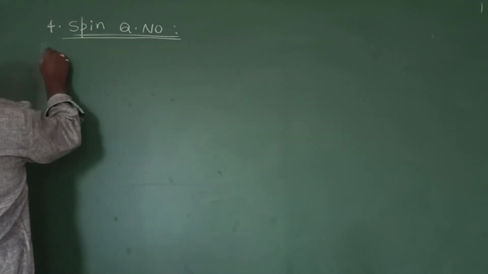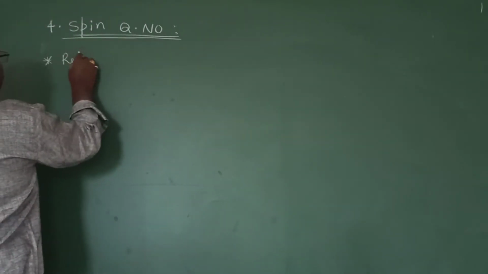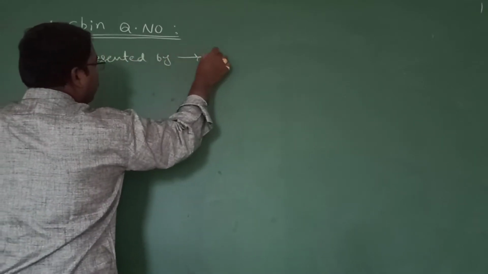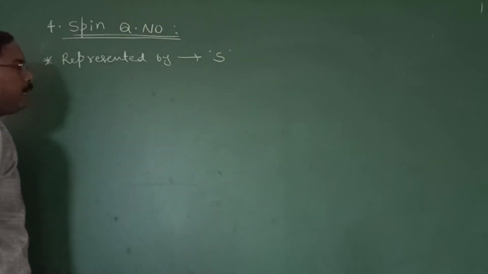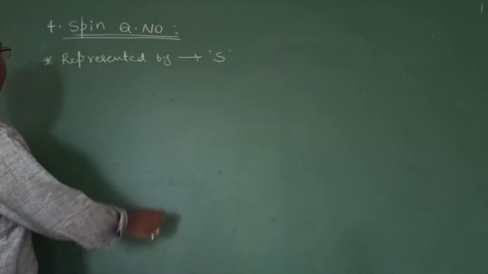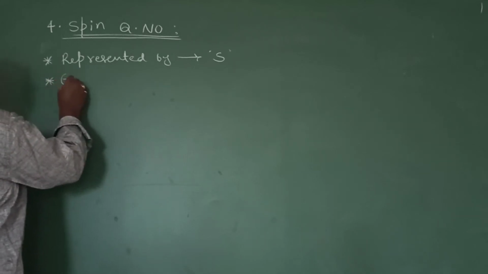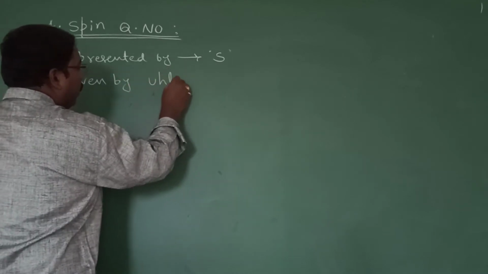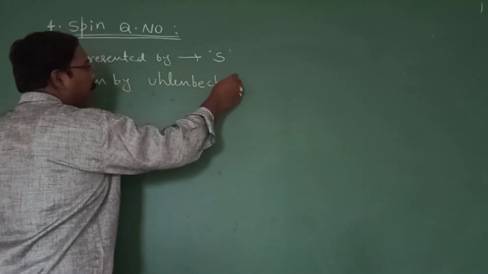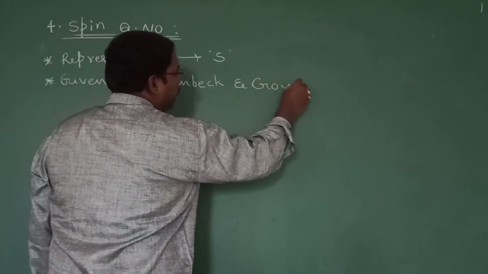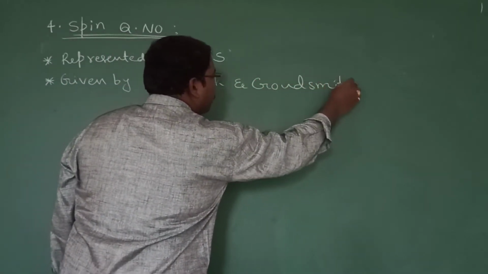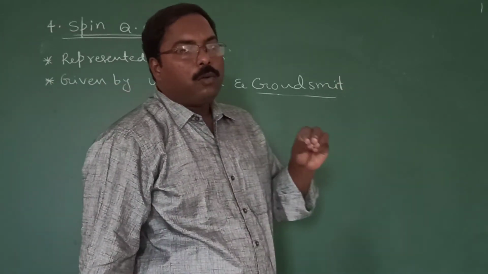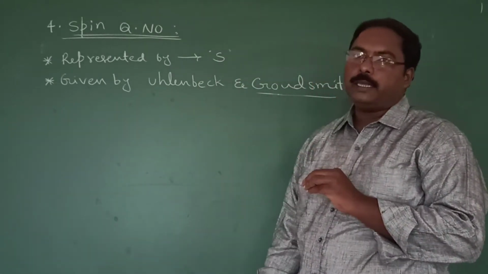Now coming to the representation, spin quantum number is represented by the letter s. And it was given by 2 scientists, Uhlenbeck and Goudsmit. Spin quantum number was proposed by Uhlenbeck and Goudsmit.